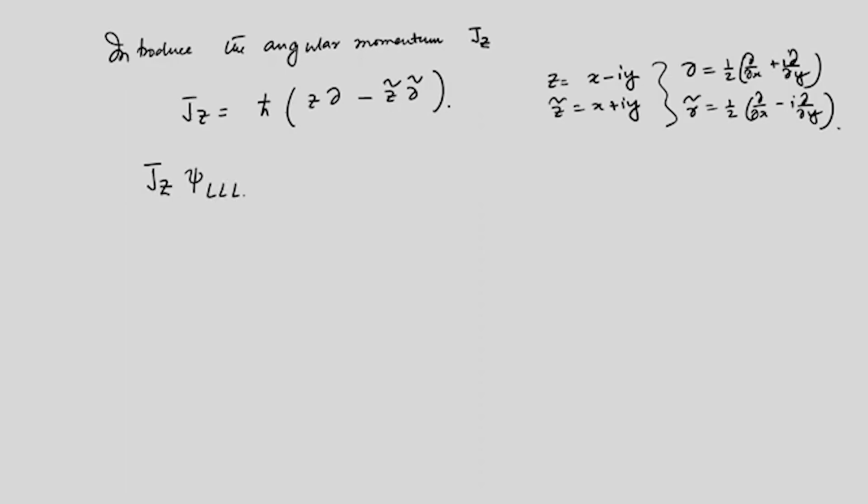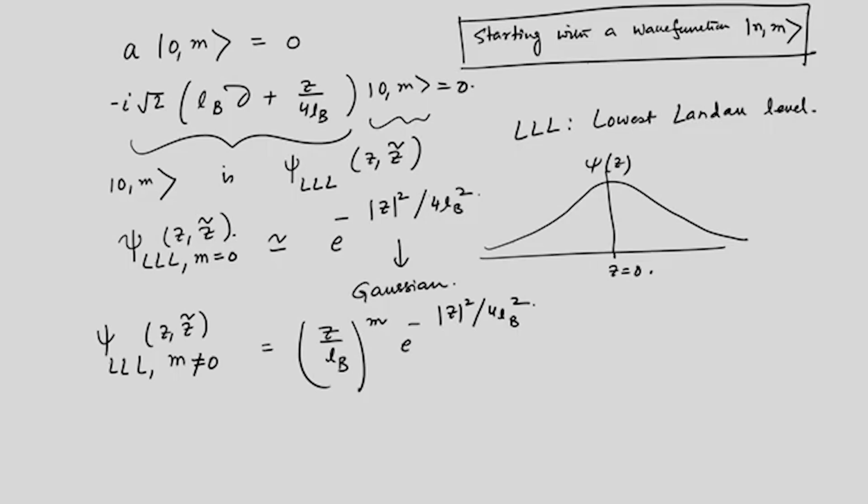Okay. These are the definitions, and you can check that your Jz acting on this psi LLm, even for m equal to 0, gives you m h cross psi LLm, which is a known result even in, say, the hydrogen atom problem. So, you put all these z and delta and then take the form that you have, do not put in the form of z, keep z as z and z tilde as the same, and remember that your z mod square is nothing but z z tilde.